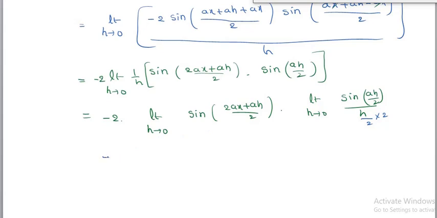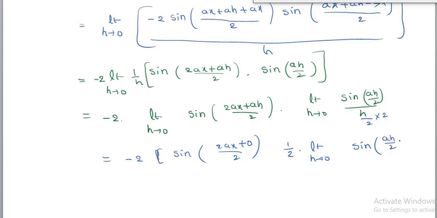So minus 2, limit applied, sin((2ax+0)/2). So 1/2 is common. Limit h tends to 0, sin(ah/2) by (ah/2).